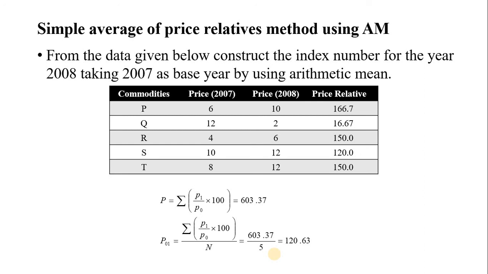Between 2007 and 2008, the prices of all these commodities P, Q, R, S, T have increased by about 20.63 percent in the period from 2007 to 2008. Okay, so this is the simple average of price relative method using arithmetic mean.